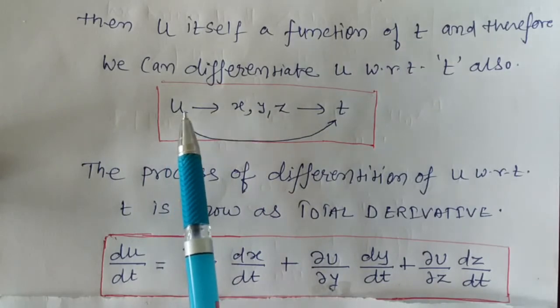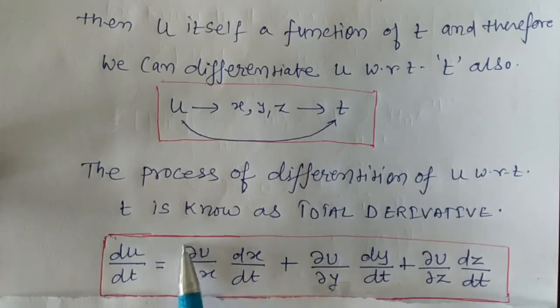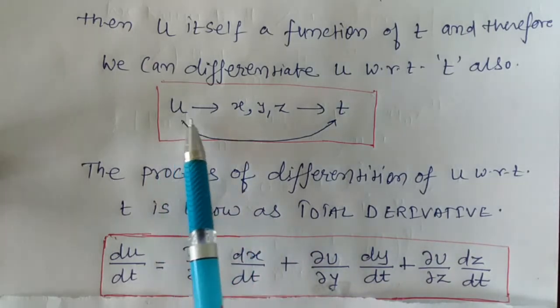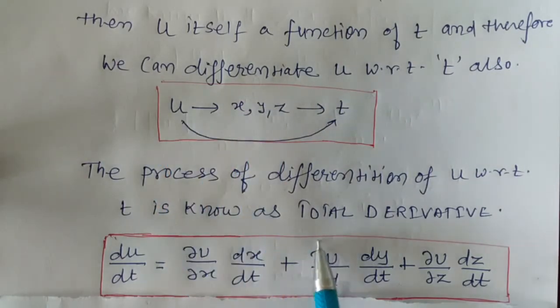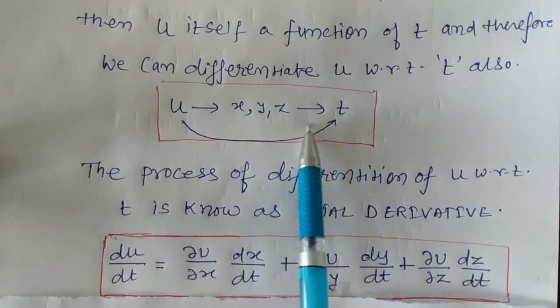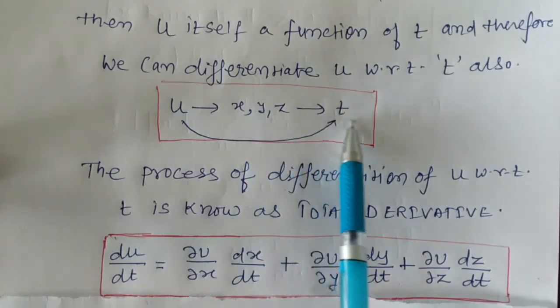So first we differentiate u with respect to x partially. We get del u by del x multiplied by dx by dt, because x is a function of single independent variable t, so we have ordinary differentiation. Plus now we differentiate u with respect to y partially. So we get del u by del y multiplied by the derivative of y with respect to t, which is ordinary differentiation, because y is a function of single independent variable t.